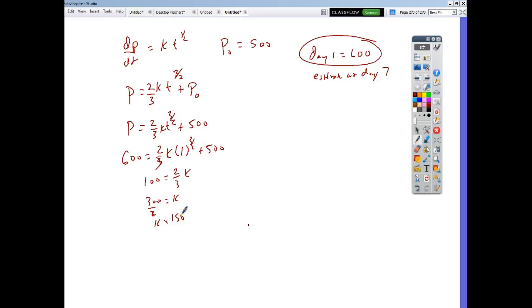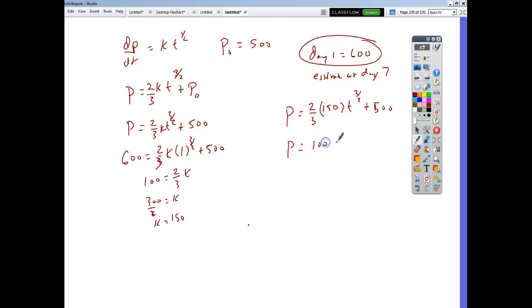Agreed? So now that I know what K is, I can solve for what happens at day 7, right?